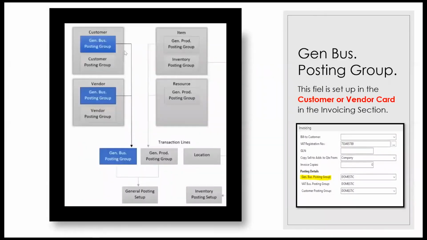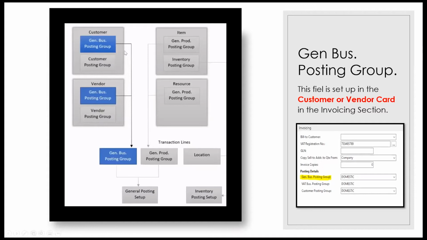Well, basically, in a diagram, I want you to learn for the first time these Business Central words. General business posting group coming from the customer, and general business posting group now coming from the vendor. This is what we call the general business, and the question is again, who?